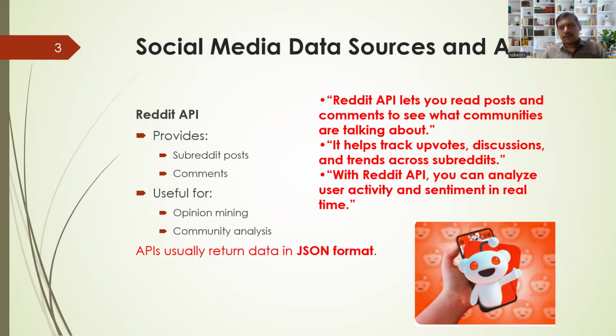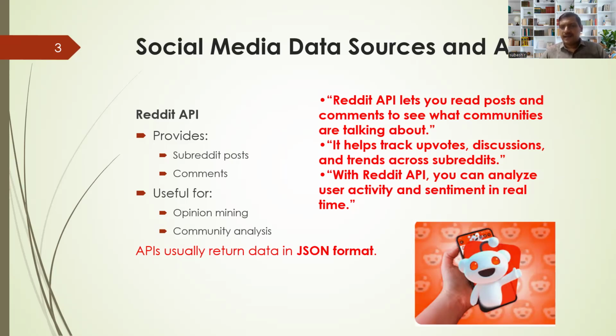You may ask, sir, when I use an API, do they get personal data? No, they won't. Whichever data is given public visibility to all people will be collected with the support of the API. So the API plays a vital role in collecting the data.